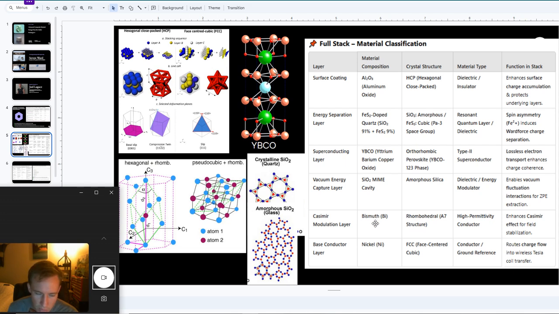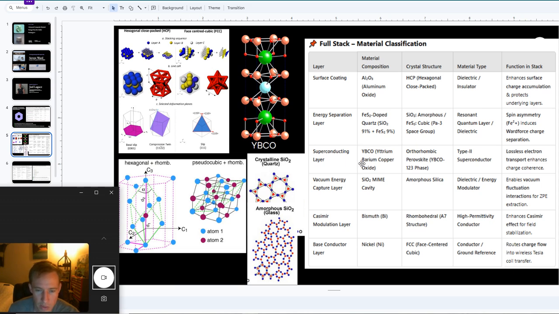Maybe you have bismuth, you know, it's the squares stacking on top of each other, which is a high permittivity conductor and enhances Casimir effect field stabilization. You might want silicon dioxide, for example, for an amorphous silica that acts like a dielectric energy modulation, and it enables vacuum fluctuations, like white water almost.